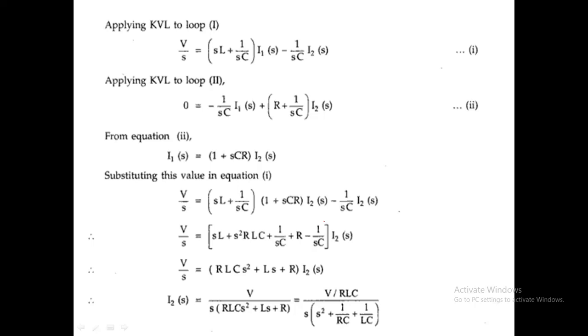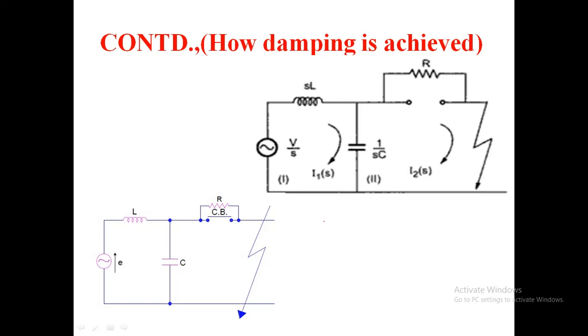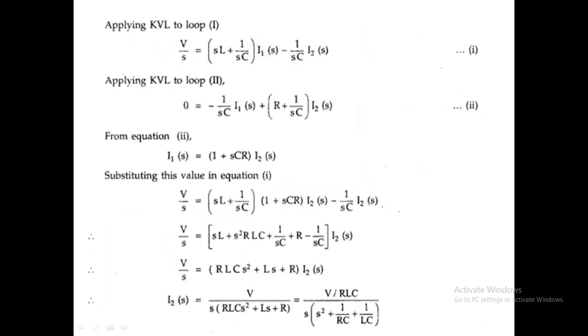I am going to apply the KVL concept for loop 1 and loop 2. After writing the equation, V by S equal to this equation, I keep this as equation 1, and the second loop equation as equation 2.